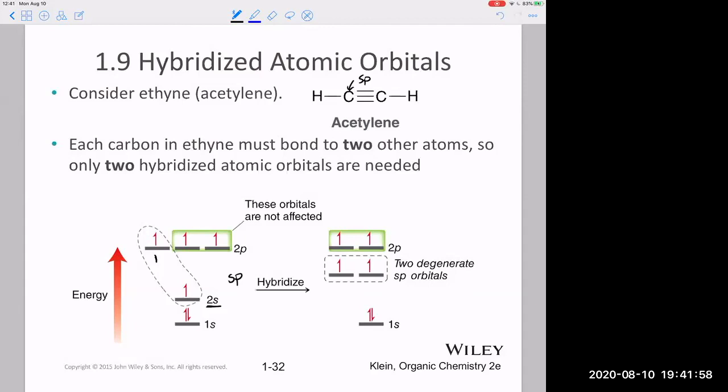Now I have two remaining p orbitals that aren't affected, okay? Just like before, we're mixing two orbitals, the s and the p, we get two new degenerate orbitals out of it. These are our sp orbitals. And then I have two leftover p orbitals, right? So these are left over.